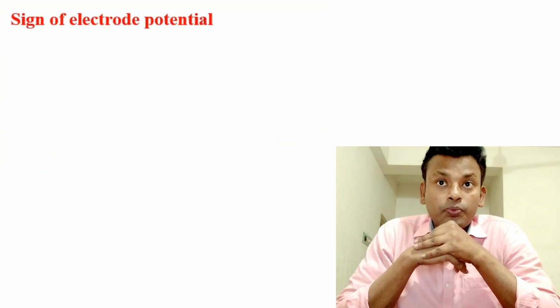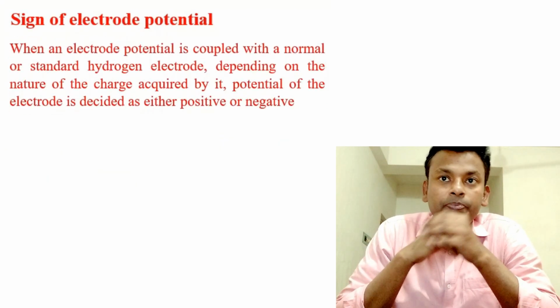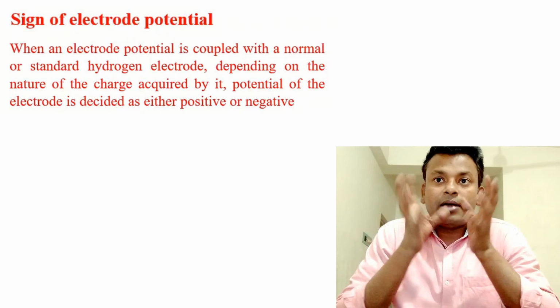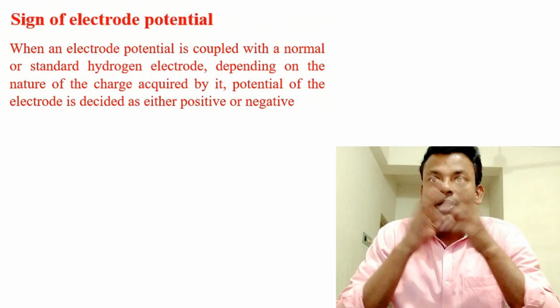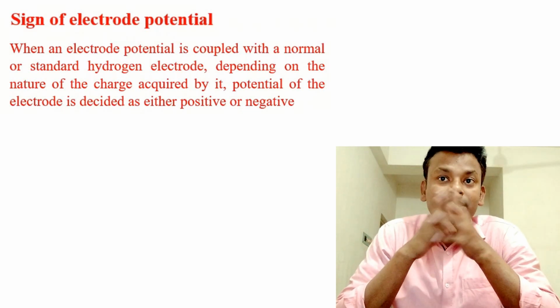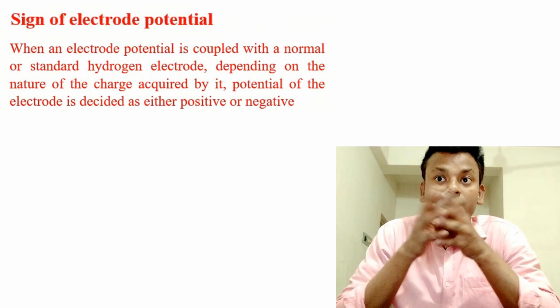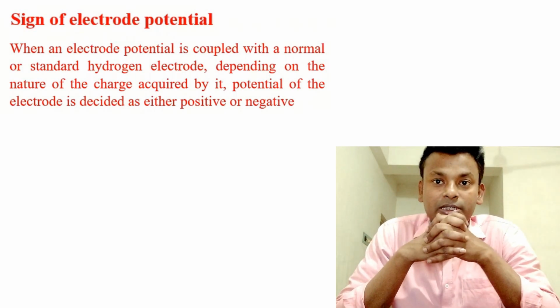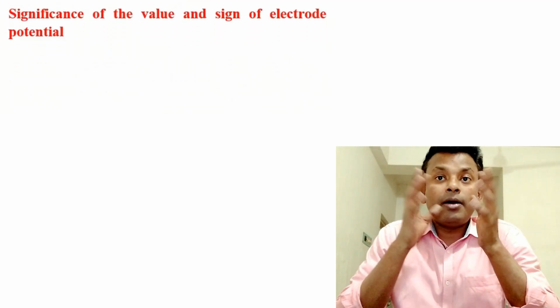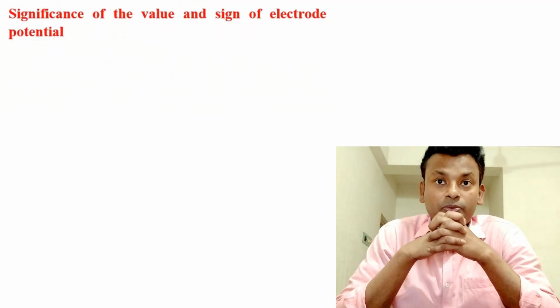Sign of electrode potential. When an electrode is coupled with the normal or standard hydrogen electrode, depending on the nature of the charge acquired by it, the potential of the electrode is decided as either positive or negative. Significance of the value and sign of the electrode potential.